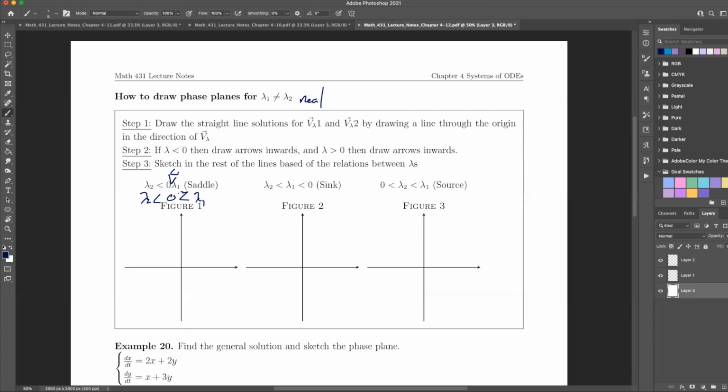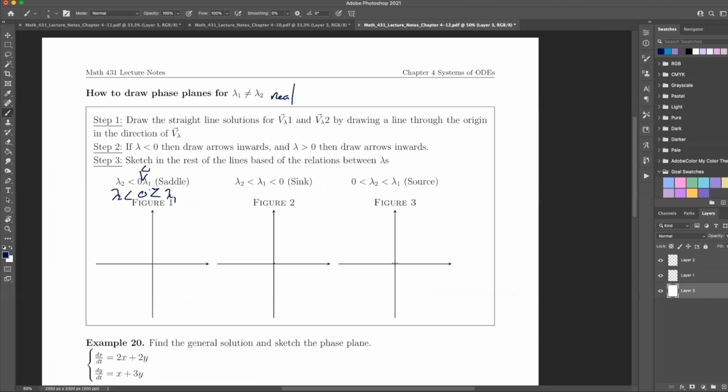So let me show you how this goes down. What we could have here is our v lambda 1. Let me start with the source. Let me do this in reverse order.